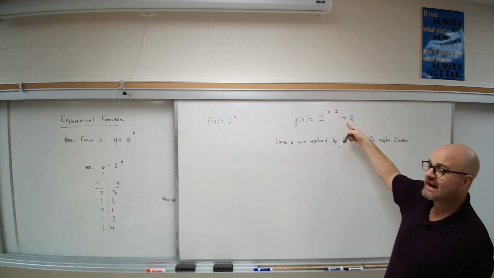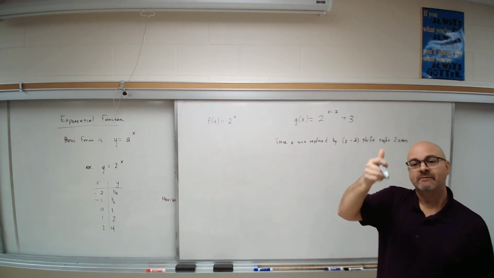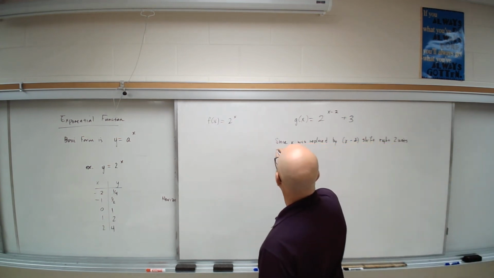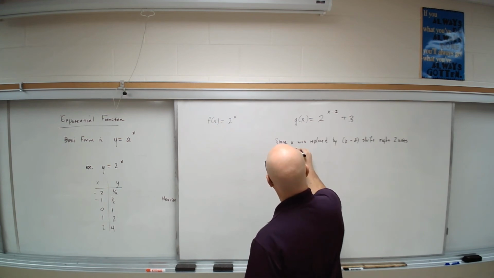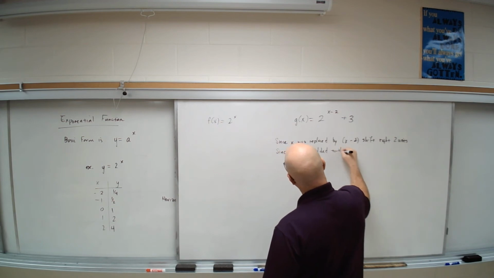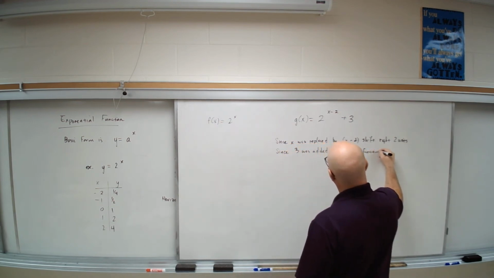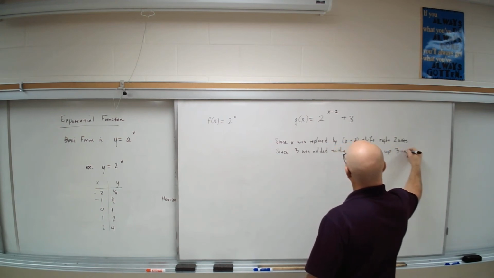Now the whole function had a 3 added to it. What transformation will that give us? It's going to be up 3, right? So since 3 was added to the entire function, that means we're going to go up 3 units.